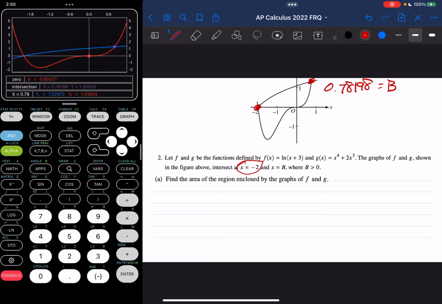Now we want to find the integral that gives us the area between these two curves. So we have f of x on top, and then we have g of x on the bottom. So from -2 to b, we have f of x minus g of x dx.